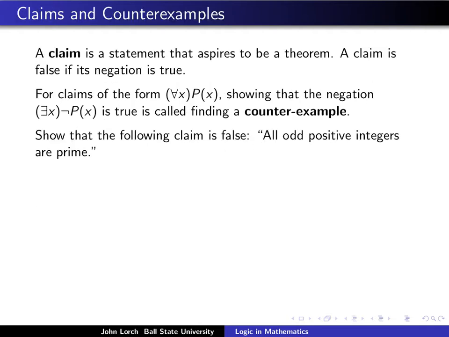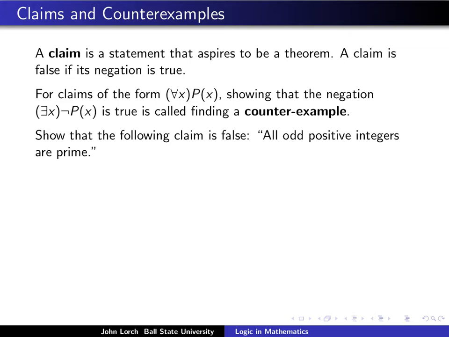A claim is a statement that aspires to be a theorem. If it is a true statement and we can show that it's true, then it becomes a theorem. Otherwise, it's a false statement and it becomes nothing.